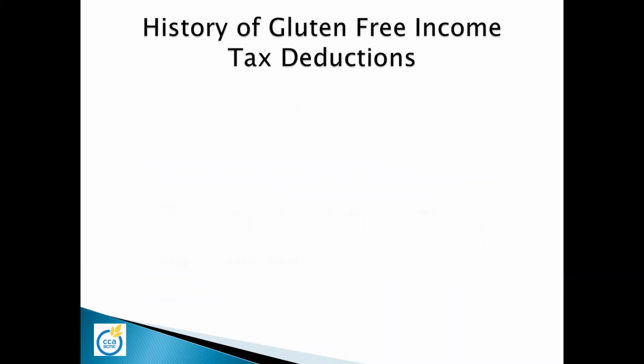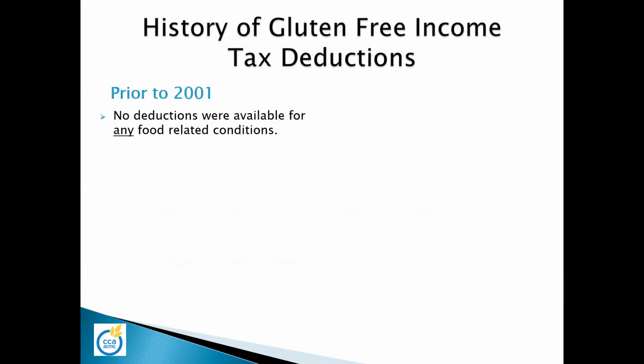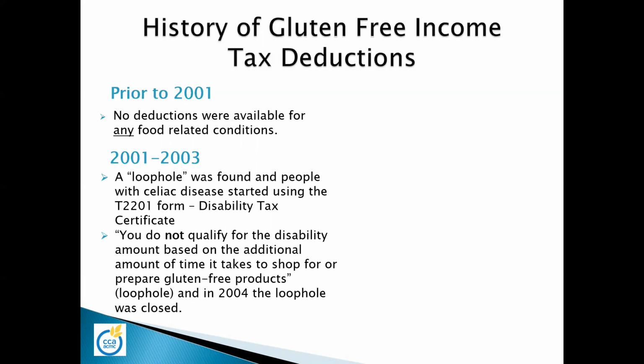So, the history of gluten-free income tax deductions. Prior to 2001, there were no deductions available for any food-related conditions. In 2001, a loophole was found by some people, and they filled out the form T-2201, which is a disability tax certificate, and in the elimination category, they declared they had celiac disease and they took a long time in the washroom and shopping and making their food.